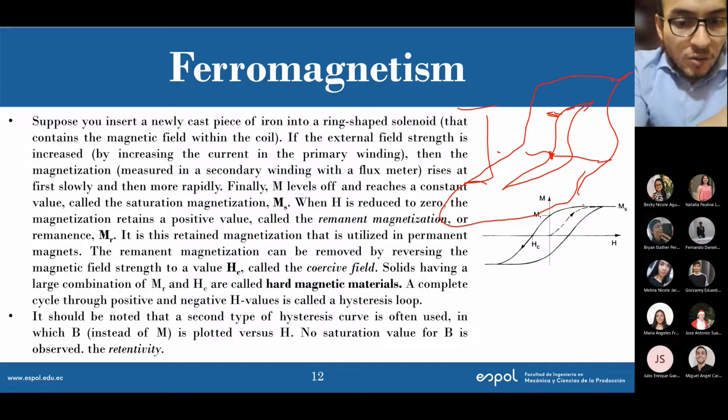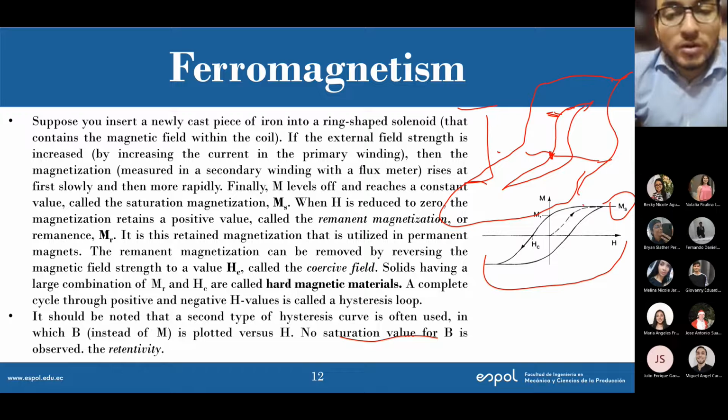Obviously, in that case, there will not be a saturation value, because the magnetic flux density doesn't have a saturation value as the magnetization does. But in general, it's the same principle. And as I said, this is the most popular curve, the magnetization versus magnetic field strength.